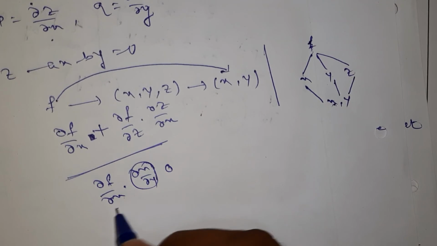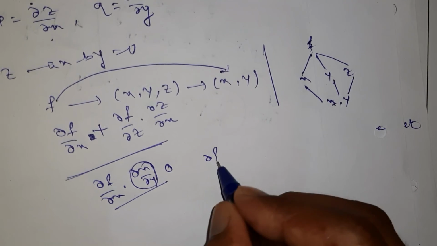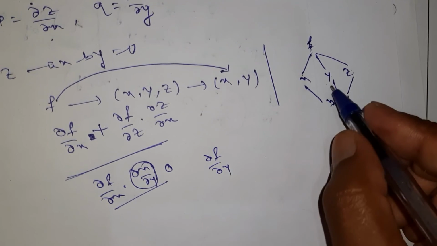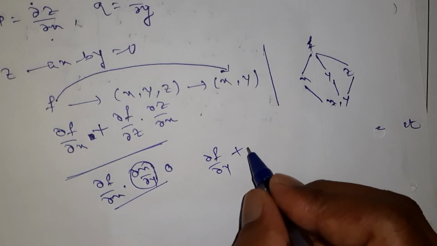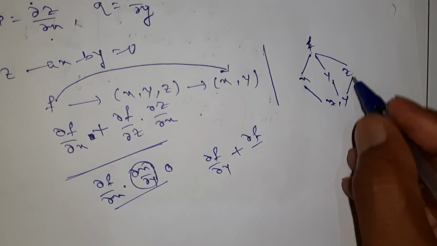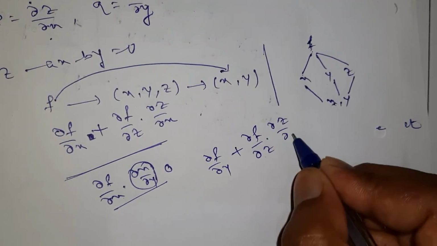Next, dou f by dou y into dou y by dou y, which is 1, plus dou f by dou z into dou z by dou y.